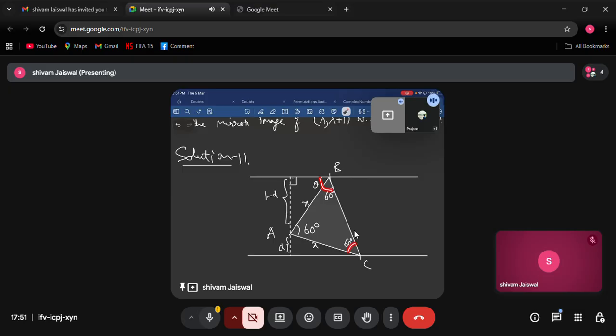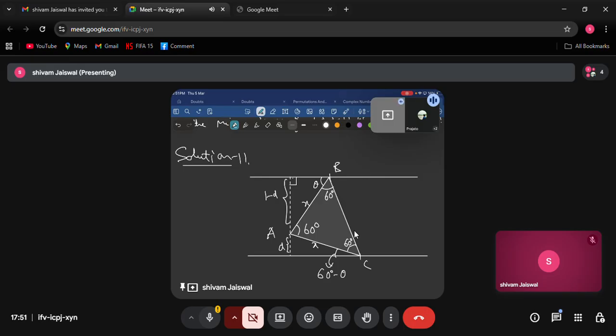So these two are corresponding angles. Can you understand? The sum will be equal to 180 degree, right? So theta plus 60 degree plus phi plus 60 degree is equal to 180 degree. Theta plus phi is equal to 60 degree, so this is 60 minus theta. Are you getting it?